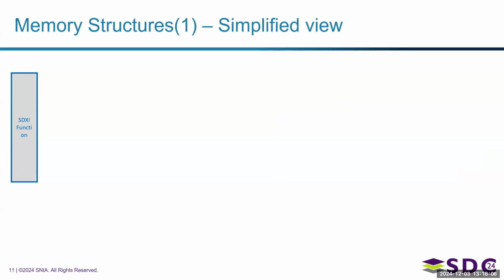This is a build out of a very simplistic model of how an SDXI implementation could look. On the left, you start with an SDXI function. I very specifically called it just a function. If you were implementing it as a PCIe accelerator device, this would be an SDXI PCIe function. If you were implementing it as a CXL device, it could be a CXL function.